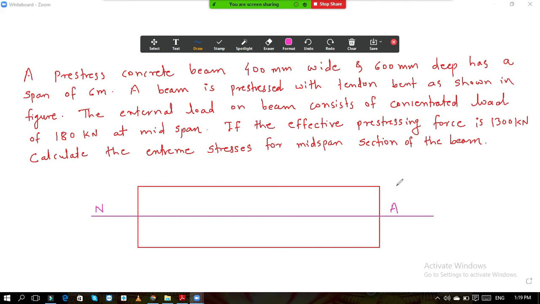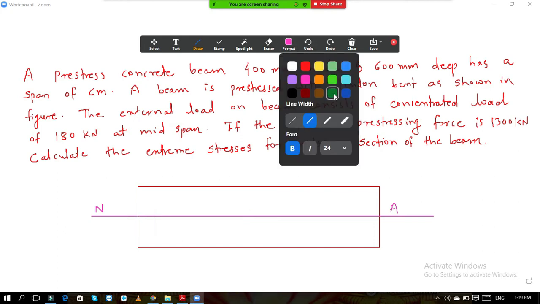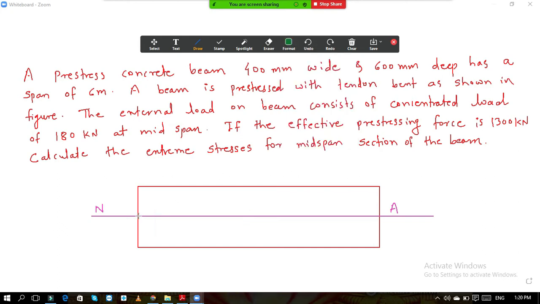The tendon of bent profile is provided, it is like this.